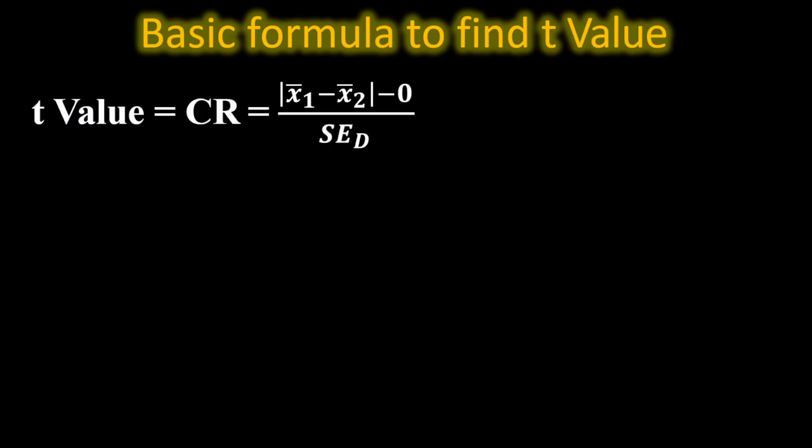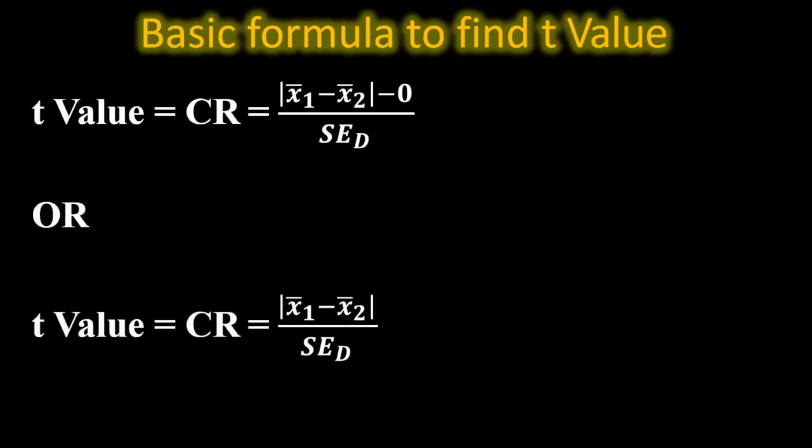And 0 does not make any difference if it is deducted from any number. So finally the formula is taken nowadays in this way: t-value equals CR equals modulus of x bar 1 minus x bar 2 upon SED. Difference between means is always taken positive.